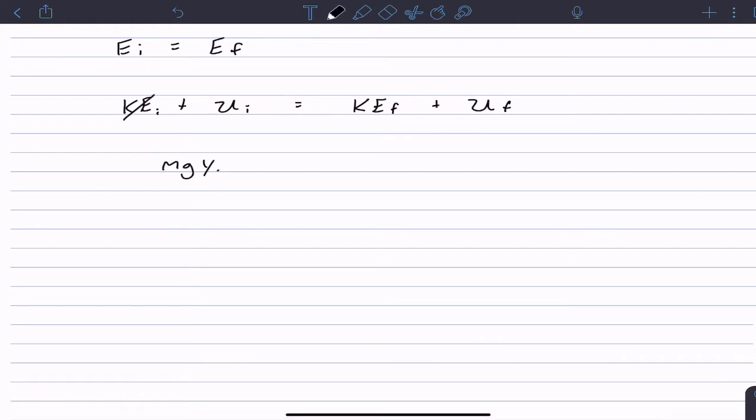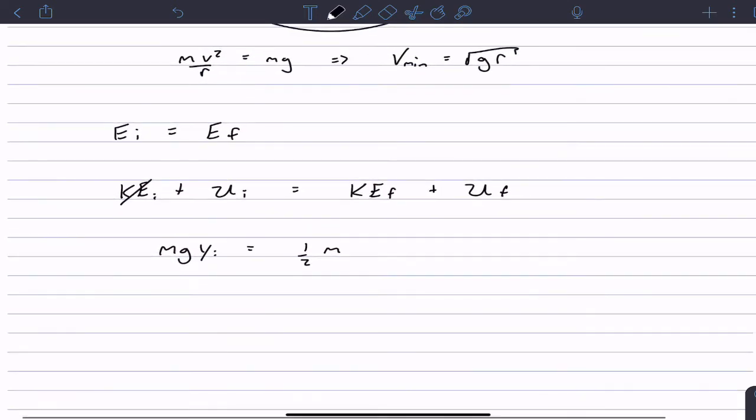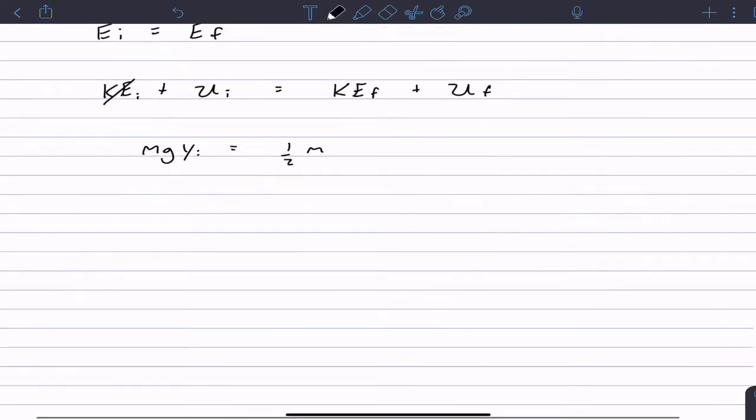Okay, so let's write that out. mg y initial is equal to half m, and v min was square root of gr, and if we square that, we just get gr, and then plus mg 2r. Then all we have to do is solve for this.